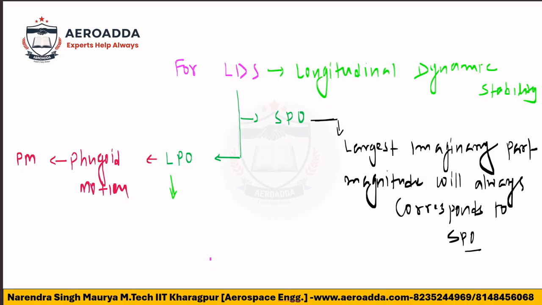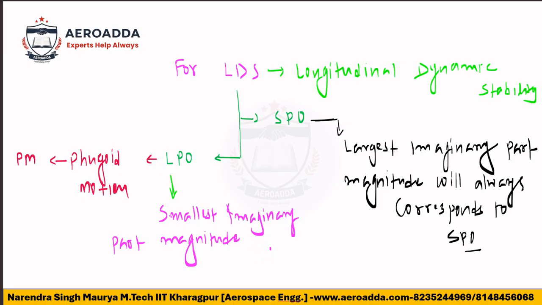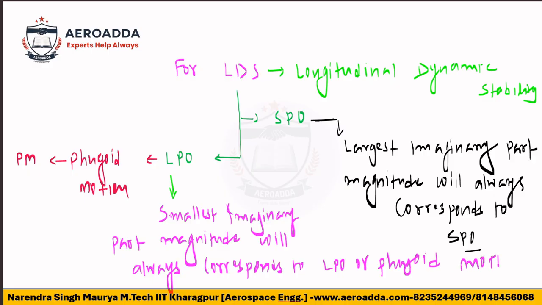So always remember, the smallest imaginary part magnitude always corresponds to the LPO, or phugoid motion.